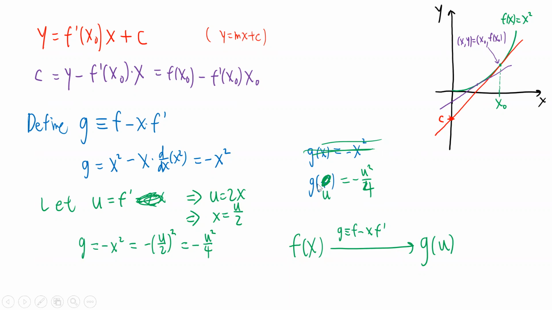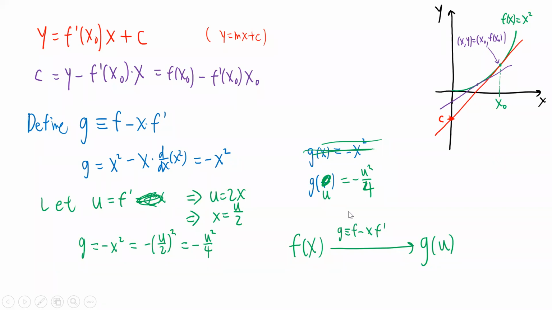So g, now I want to call it as a function of u. What does that mean? Suppose I tell you the slope of the tangent for the original function. That would be u, because u is the f prime.